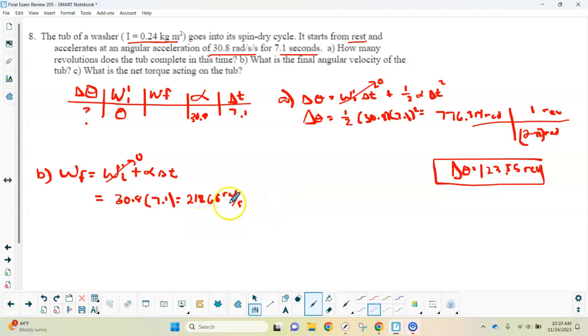Okay, so that's B. Part C wants to know what is the net torque acting on the tub. So the net torque is I times alpha. So Newton's second law, essentially. They told us I, they told us alpha, so it's really just plugging in again. So I is the 0.24.